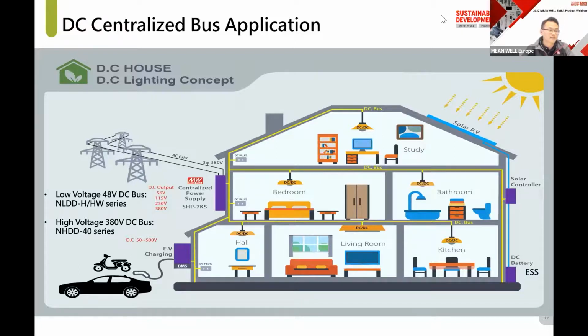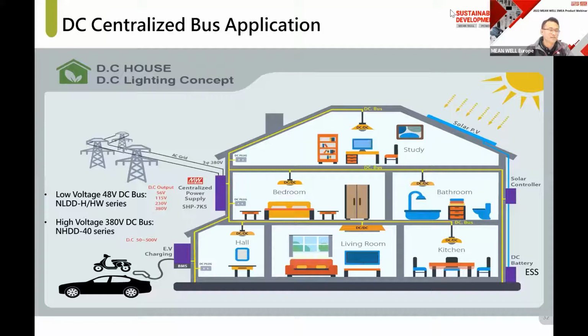There is an SHP 7K5 converting power to the DC bus. And inside the house, every device is powered by the DC bus. On the right-hand side, we have another power source from the solar panel. The DC house idea is to save energy from converting AC to DC and DC to AC.